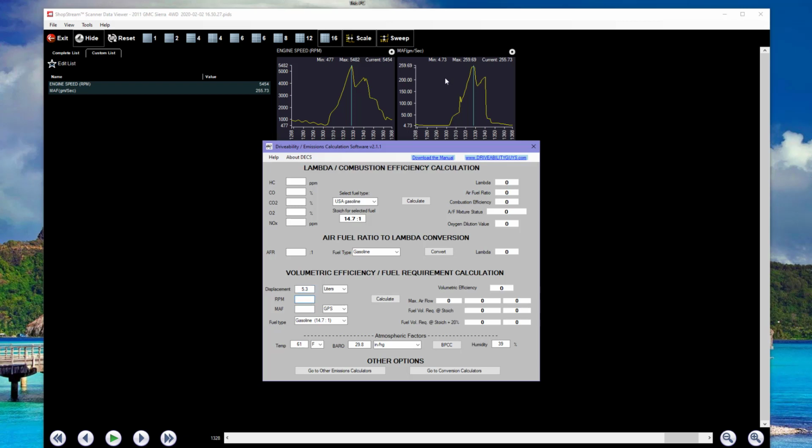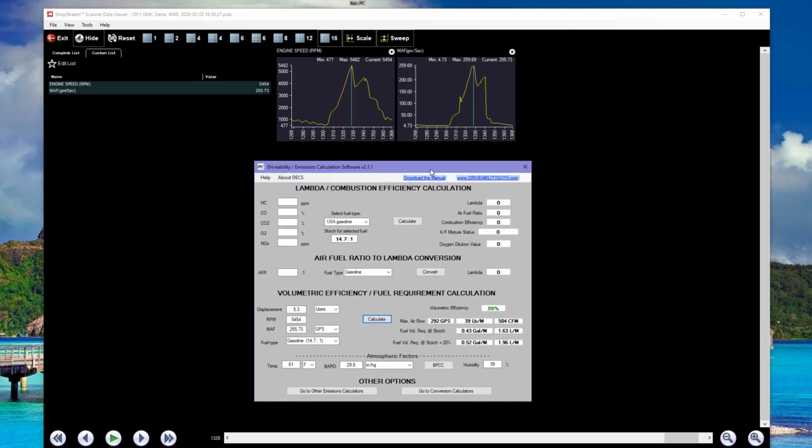My RPM, if you look at the cursor here, it was 5454. And mass airflow reported current value is 255.73. Now with this data, I should be able to make that calculation with 88% efficiency. Not really all that great, but let's go to another spot.